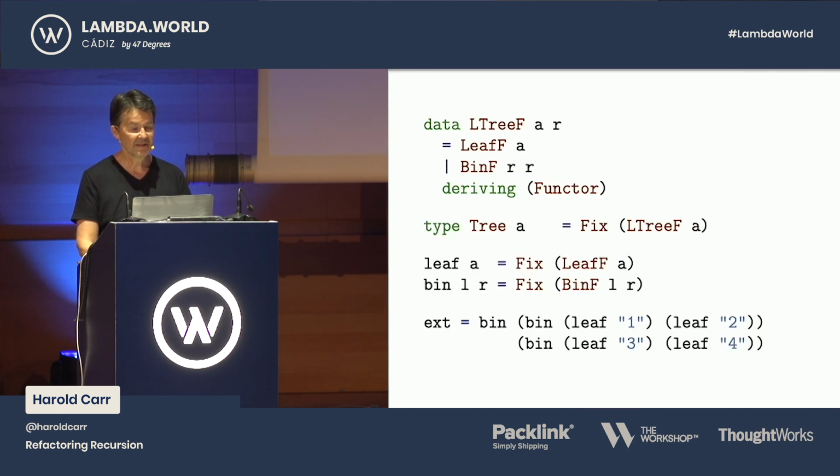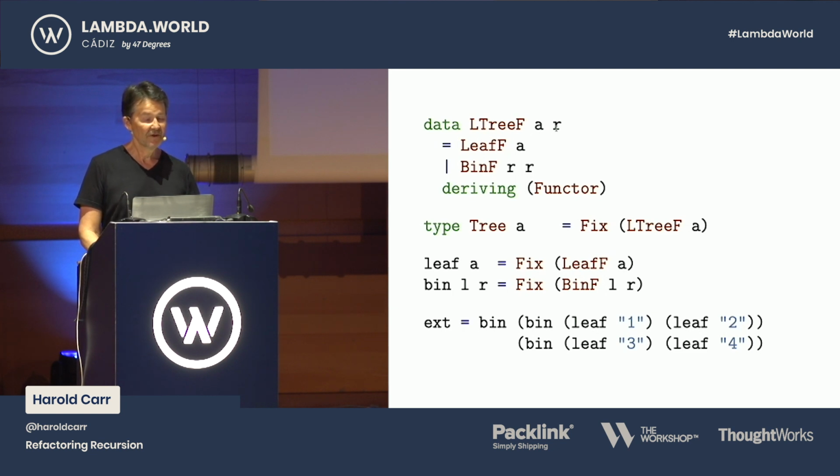So this one says the same thing. I have a leaf of A, and here's that same leaf of A, or a binary tree. But notice there's this extra parameter, which I've labeled R just to mean recursive. And then I derive Functor, and I'm not going to try to explain this. This is the part where you just need to know it exists, and you can use it.